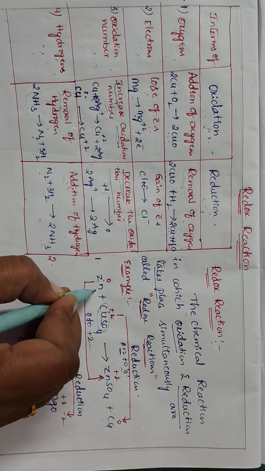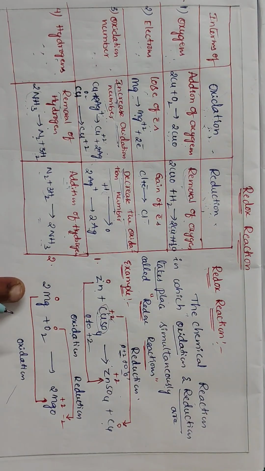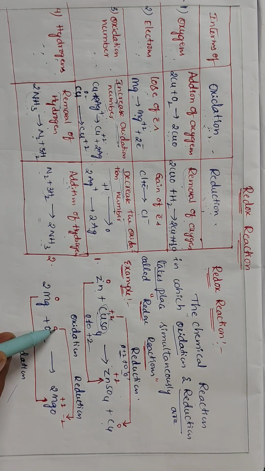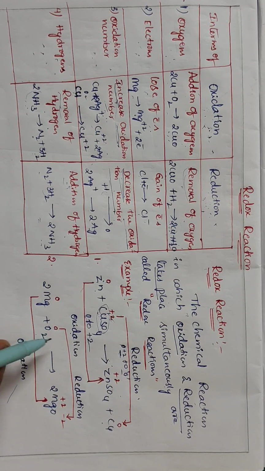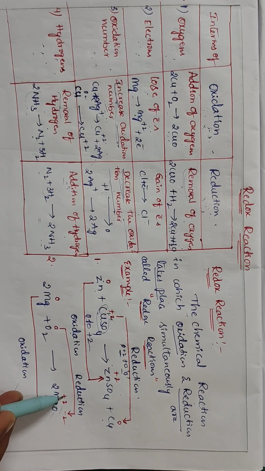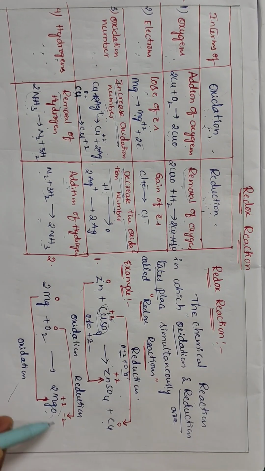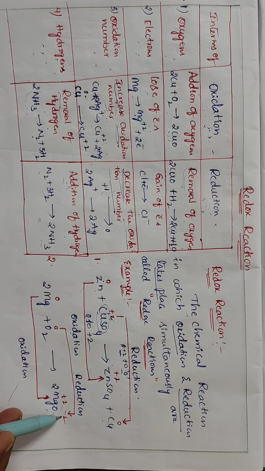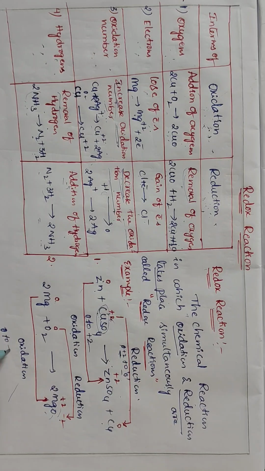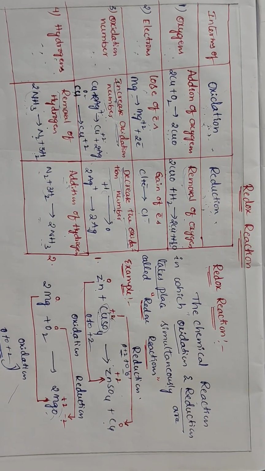This is one example. If you observe here, magnesium in the elementary state is 0, and oxygen in the elementary state has oxidation number 0. Observe in the product side, in the compound magnesium has +2 oxidation number, and oxygen has -2 oxidation number. So here Mg goes from 0 to +2. What will happen? Increase in the oxidation number is called oxidation.